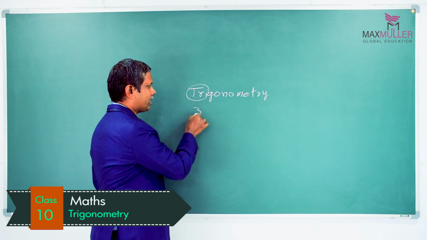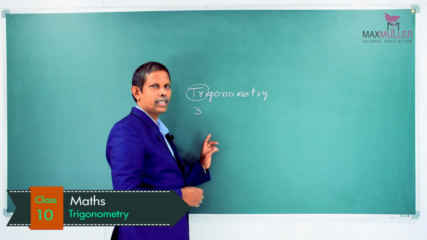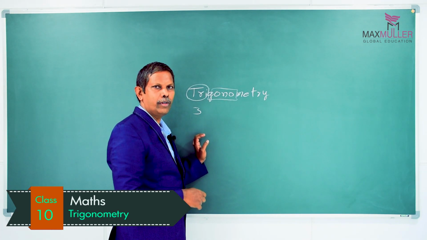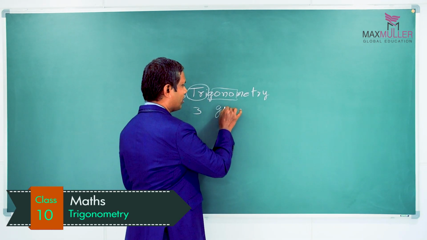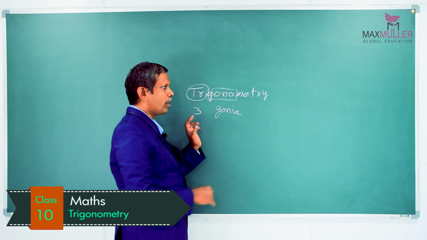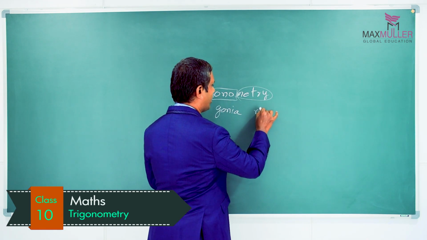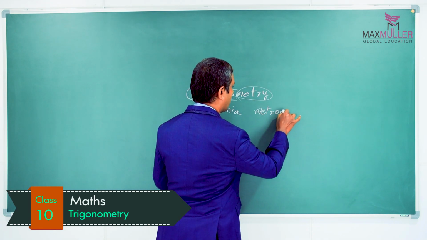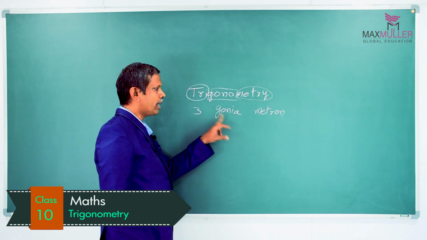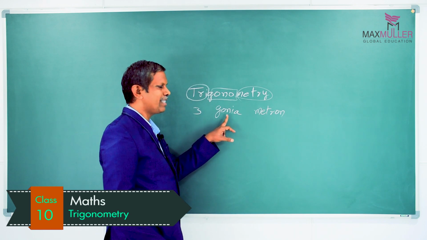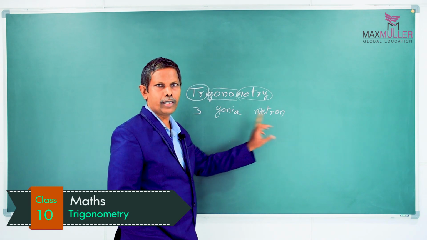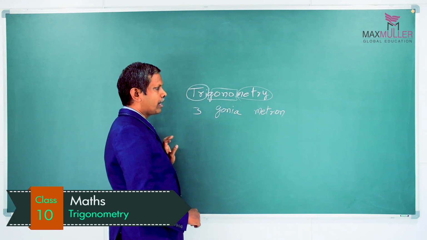Tri means three. Gono comes from the Latin word gonia, which means angles. And metry is nothing but metron, which means measurements. Three angle measurements is nothing but trigonometry.